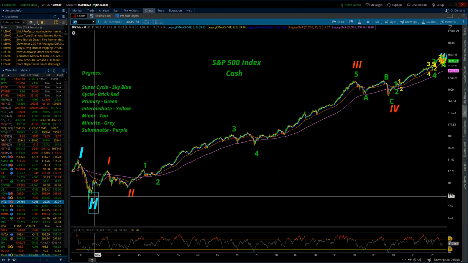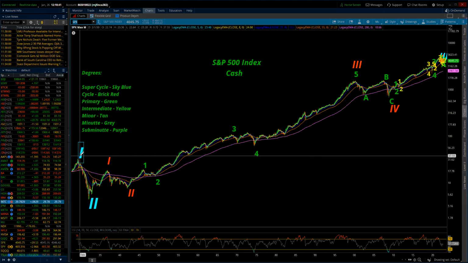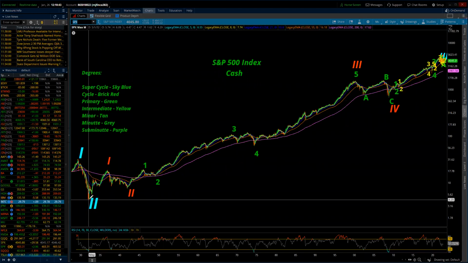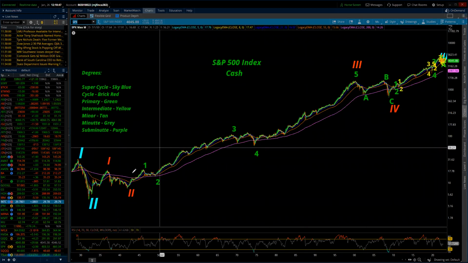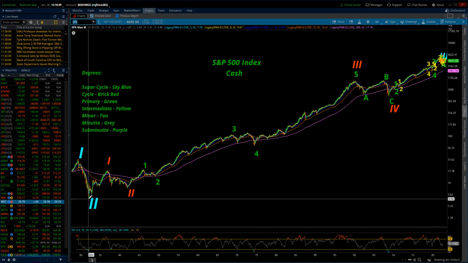If this is the supercycle in this light blue, the one that we just finished up here at our all-time highs, it started in 1932. If I'm looking at when the next grand supercycle is going to finish, I'll be doing it from heaven. So I don't try to include that large of a picture.